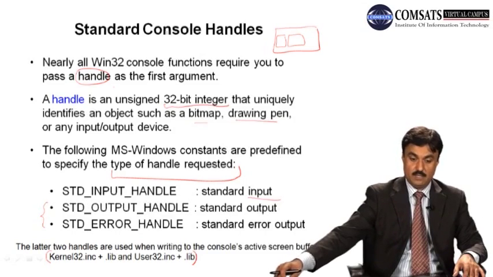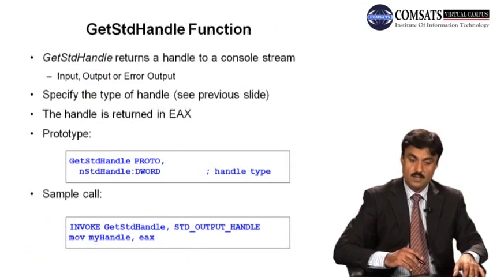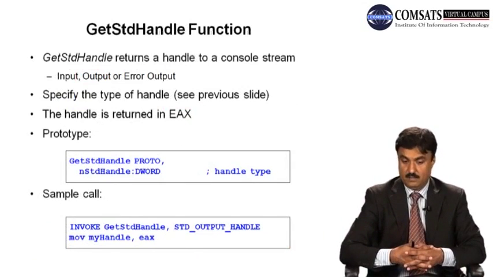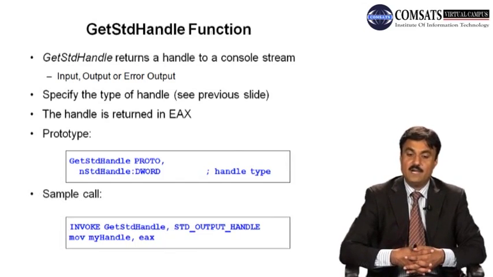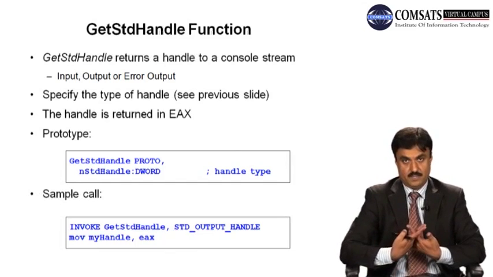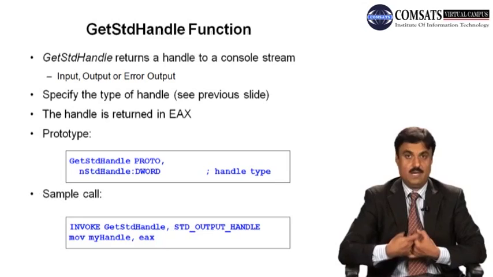Now, for example, there is one very basic Win32 console function called GetStdHandle. We need a handle for any device.